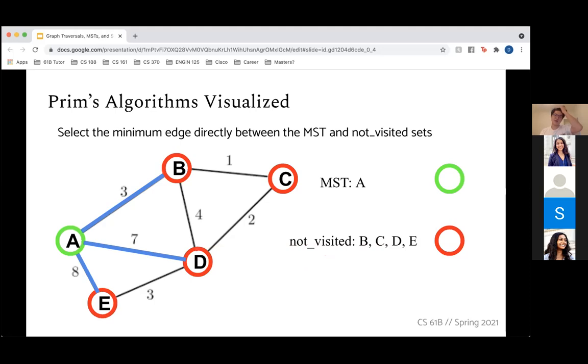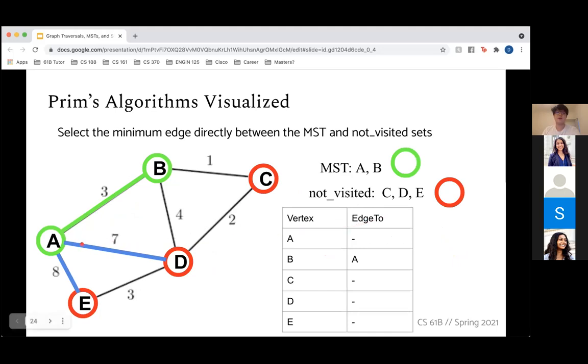Yeah, so AB will be the edge contained within our MST. That's because out of the three edges that we have, 8, 7, and 3, 3 is our minimum crossing edge. So what we're going to do is add 3 into our MST. Because 3 connects vertices A and B, we add B into our MST that we were creating so far.